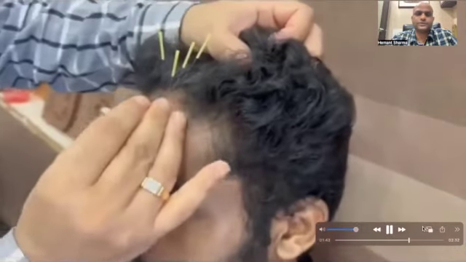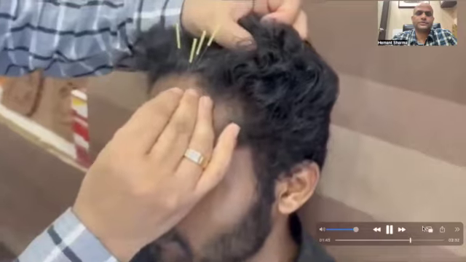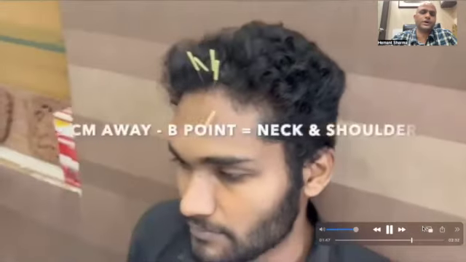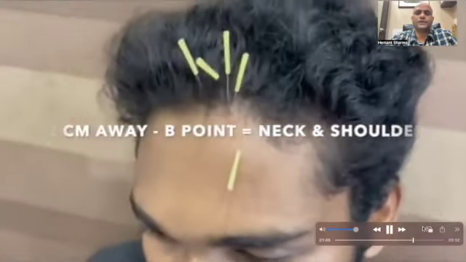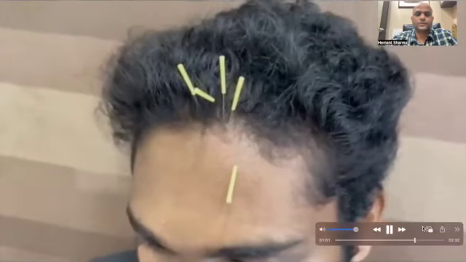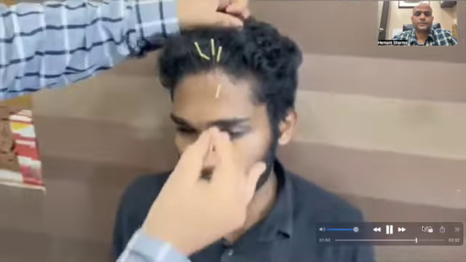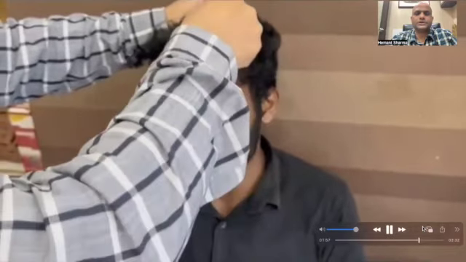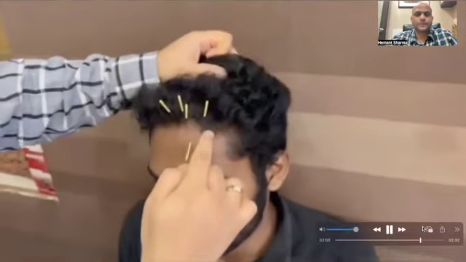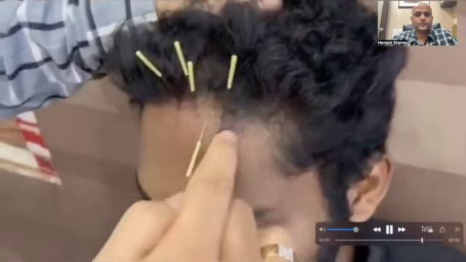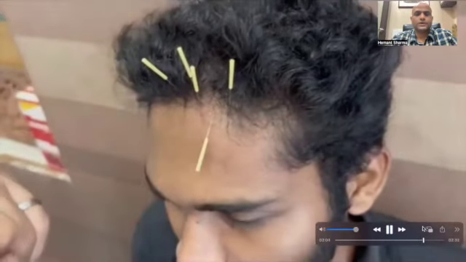You can see I have inserted 3 needles on the A point because the A point is going upward and downward. That is the B point. B point is for neck and shoulder. Then 3 centimeters away, that is the knee point. And finally, that is the C point.